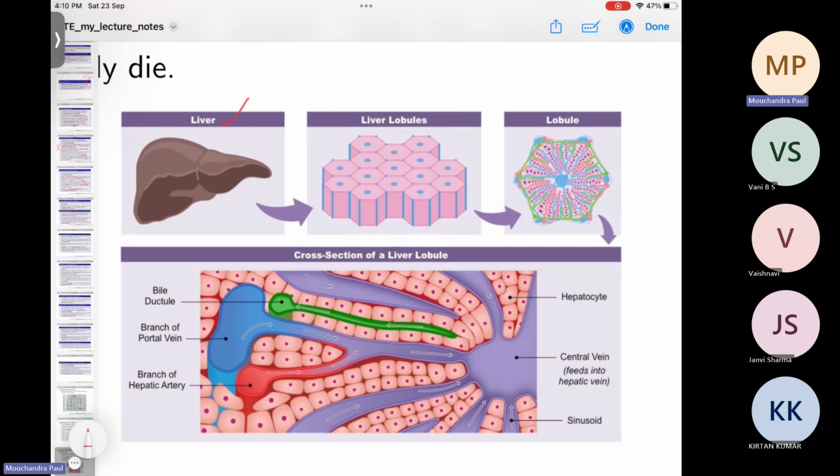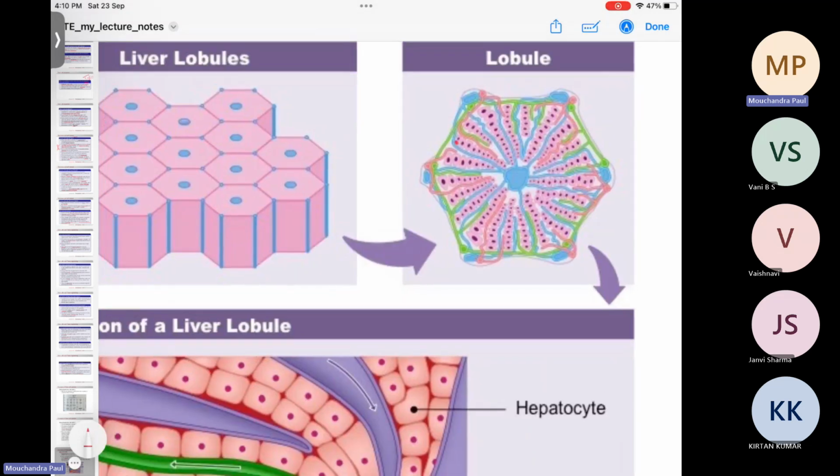These are hexagonal lobules, 3D hexagonal structures, and if you closely look at the structure of this lobule, these pink colored structures with almost purple colored centers are the hepatocytes, and these blue colored tubes are veins, some passages.